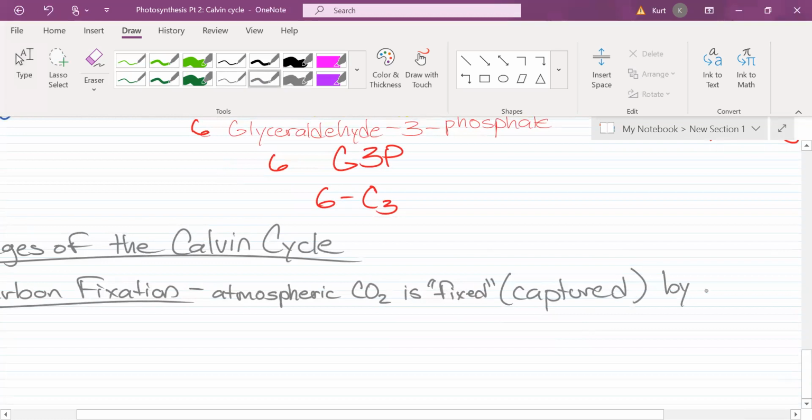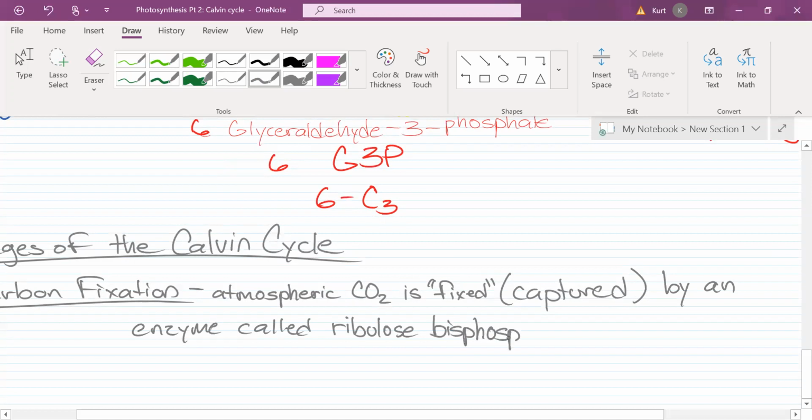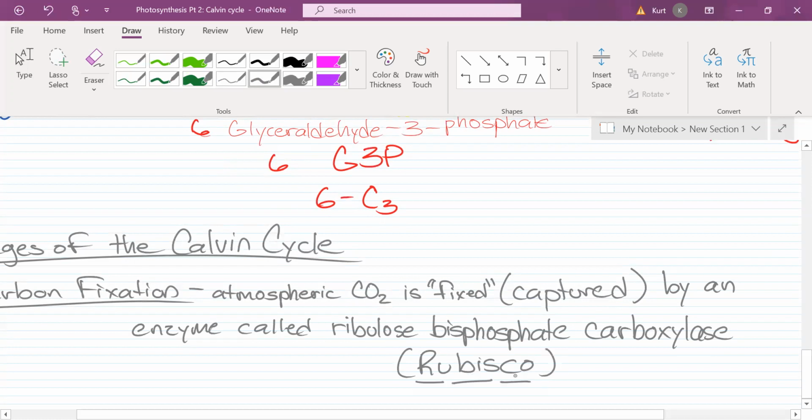It is captured by an enzyme called ribulose bisphosphate carboxylase. Its abbreviated name is Rubisco.